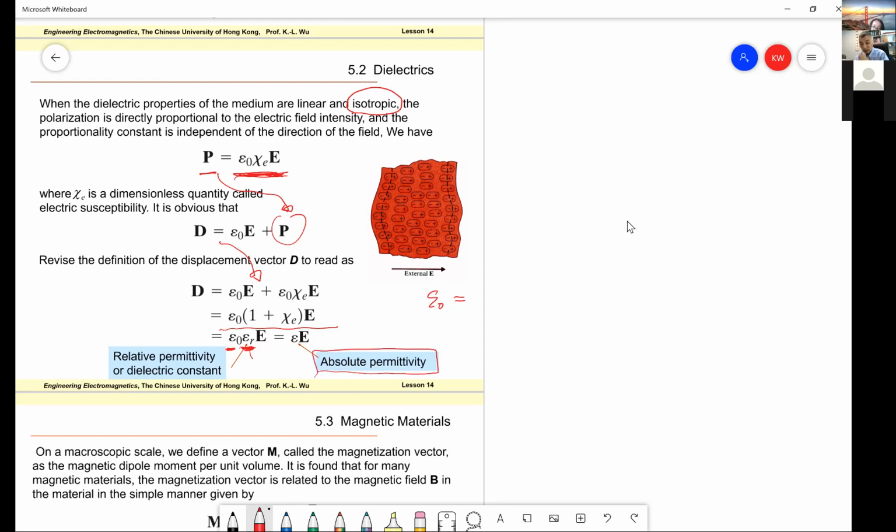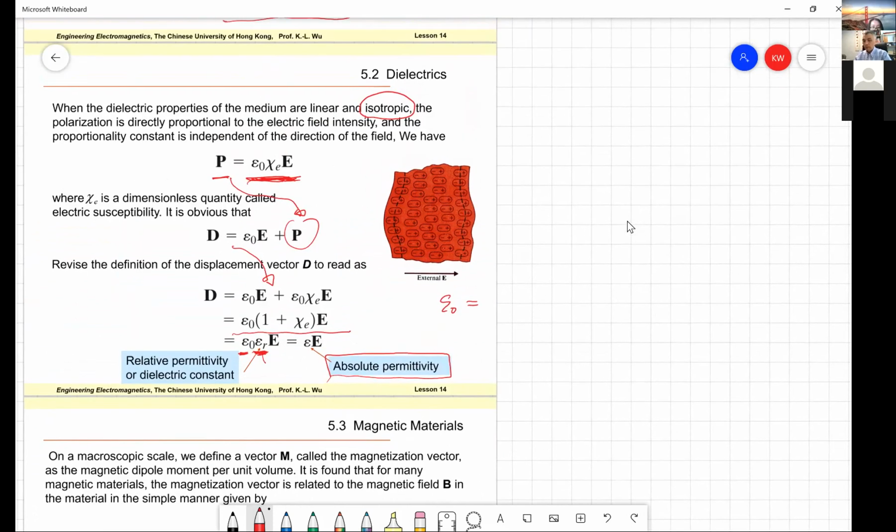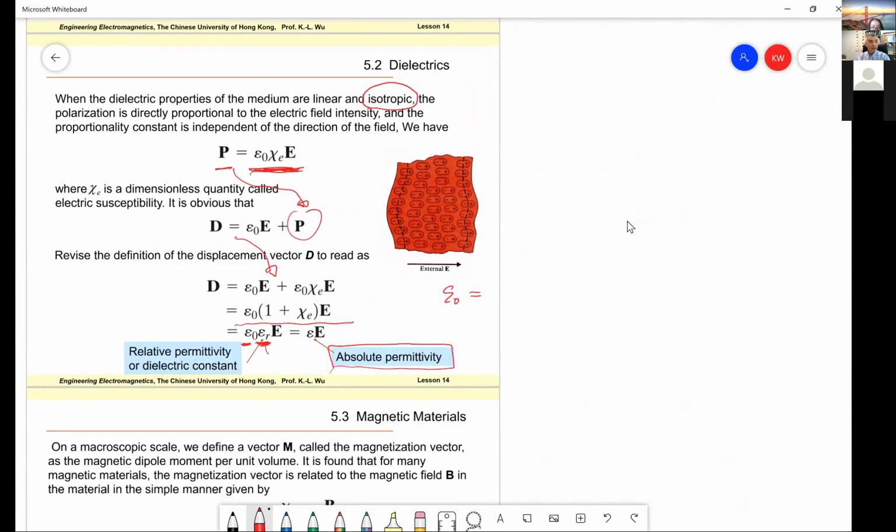Again, this is a description in the macroscopic view. It describes the relationship, or the interaction, between the electric field and the material. For different materials, we have different relative permittivity.